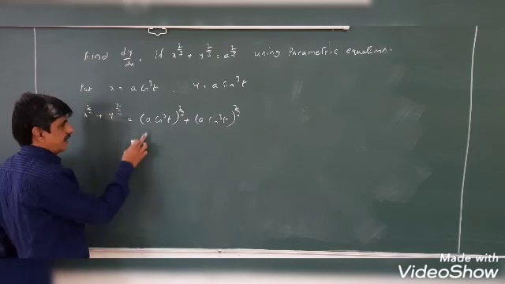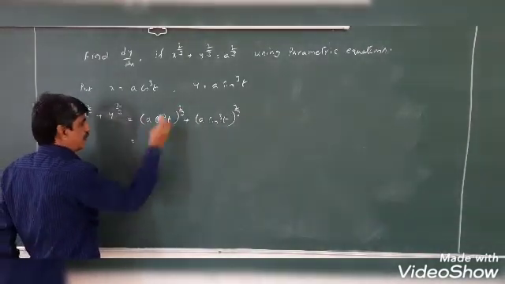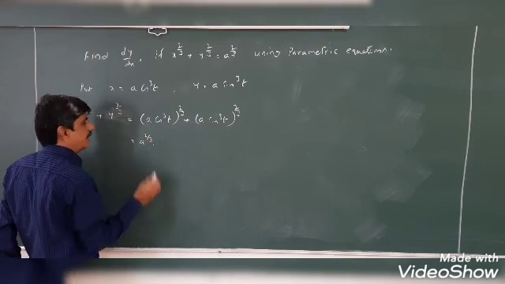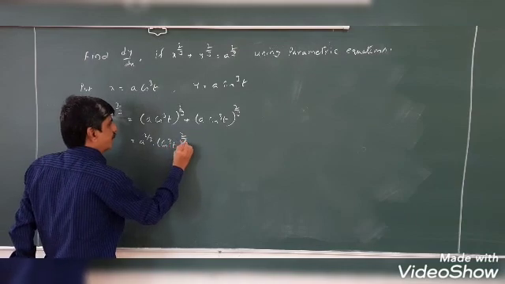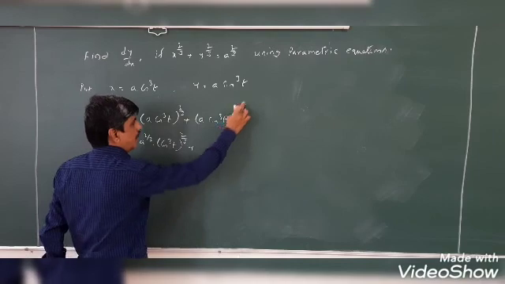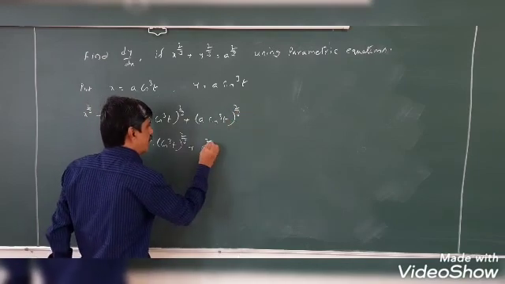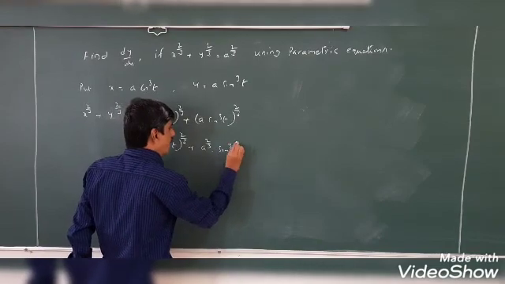Simplify this. This is ab whole power m, so we write it as a to the power of m into b to the power of m. This is also the same: ab whole to the power of m is a to the power of m into b to the power of m.